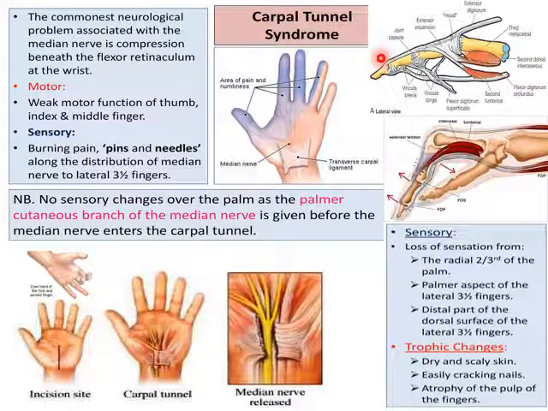Before its insertion, the extensor digitorum modifies to form an extensor expansion or extensor hood, onto which the interossei and the lumbricals gain their insertion. These lumbricals arise on the long flexor tendon and get inserted onto the long extensor tendon, connecting the flexors to the extensors.